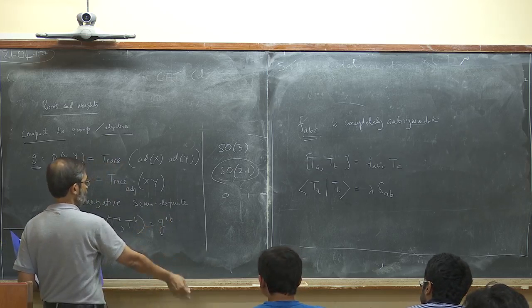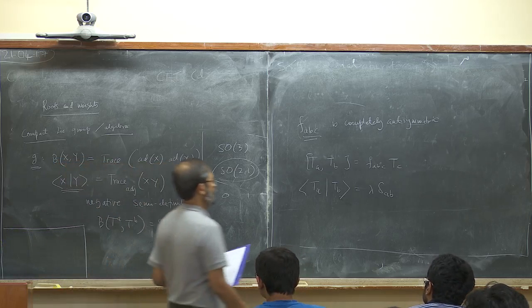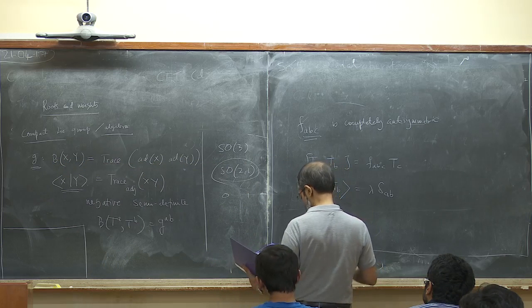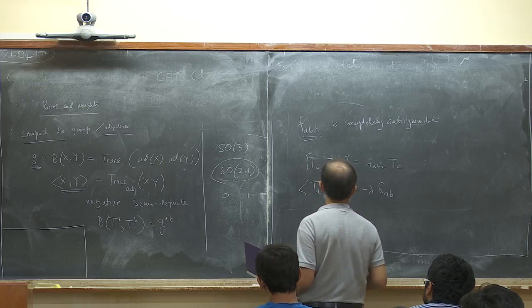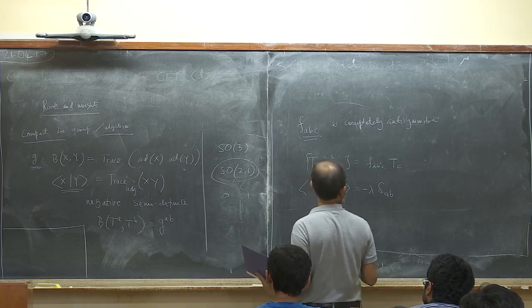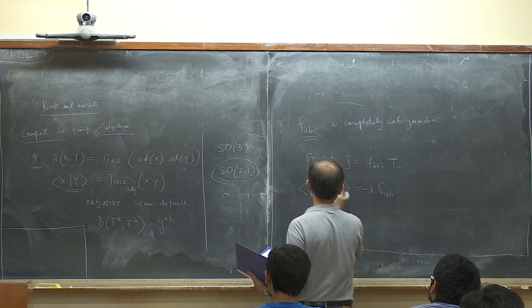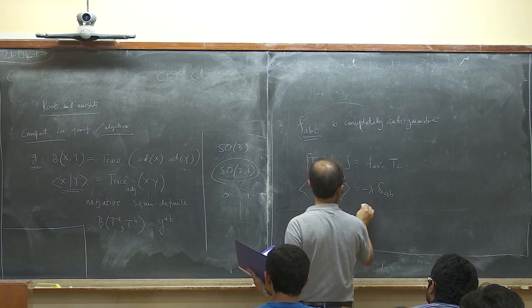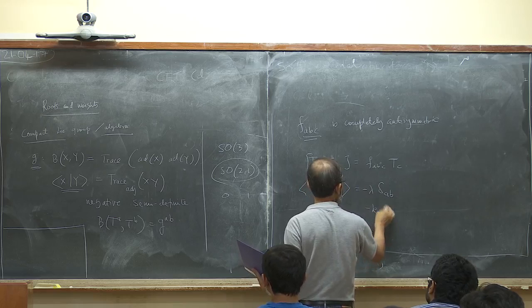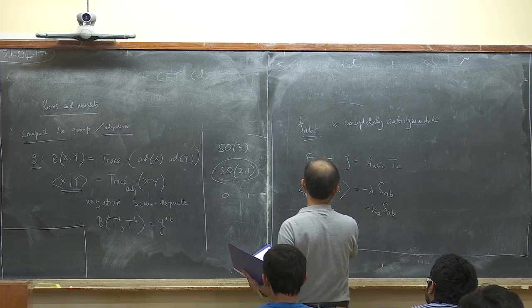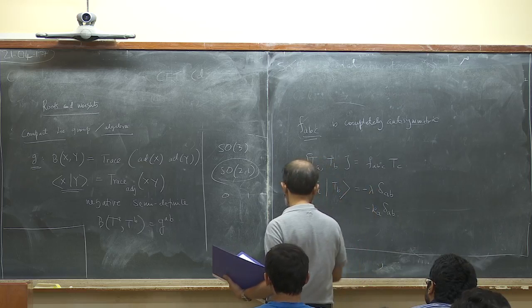I can always choose a basis in which this is diagonal, and then (T_A, T_B) will be given by some minus lambda delta_AB. These are the eigenvalues of this metric g_AB, and I can rescale each of my generators T_A. In general it could have been some minus k_A delta_AB, but by making an A-dependent rescaling of each of the generators, I can make all of them the same. So let us say I have done that.